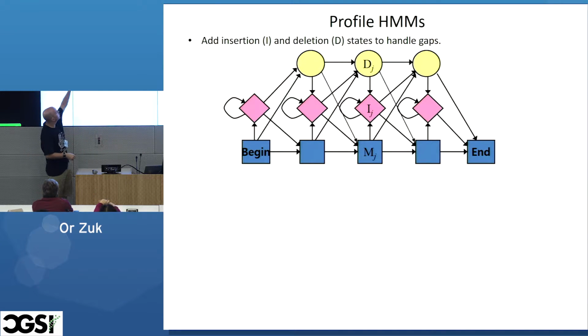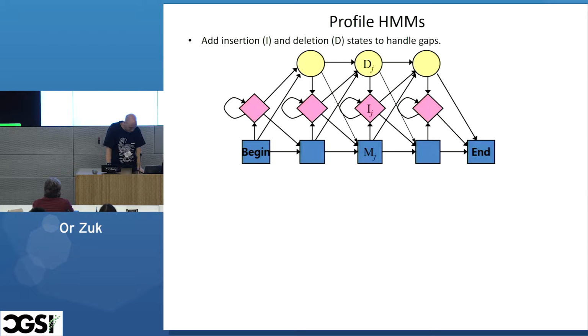The idea is as follows: you start with the begin state, and then you have a certain probability to output each of the amino acids, but you can also be in an insertion state or in a deletion state, and these states handle the gaps. And there are methods for learning an HMM model from a multiple sequence alignment.